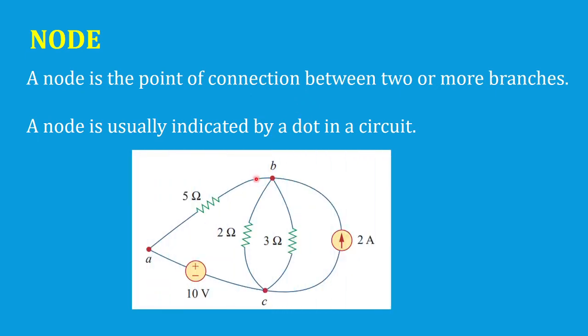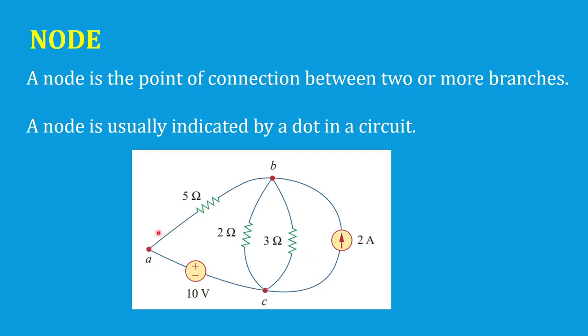Now you can see here we have already written the nodes. Node A connects a 10 volts voltage source and a 5 ohms resistor. So this node has two branches.